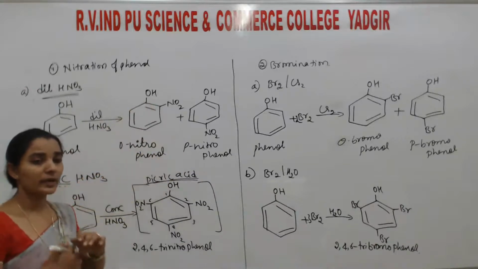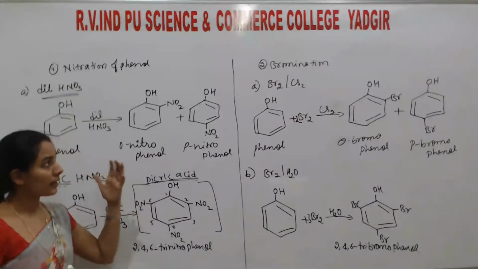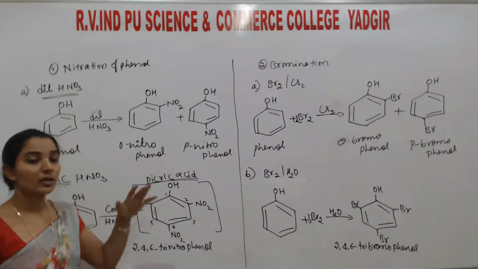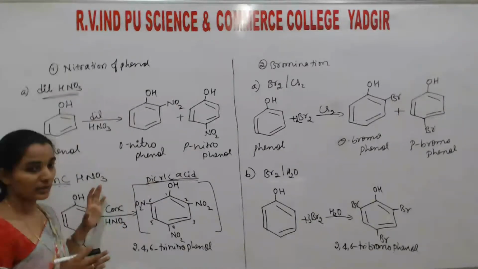Questions will be like: explain nitration of phenol in presence of dilute HNO3, or explain bromination of phenol, halogenation of phenol in presence of carbon disulfide. Like that only. Understood?